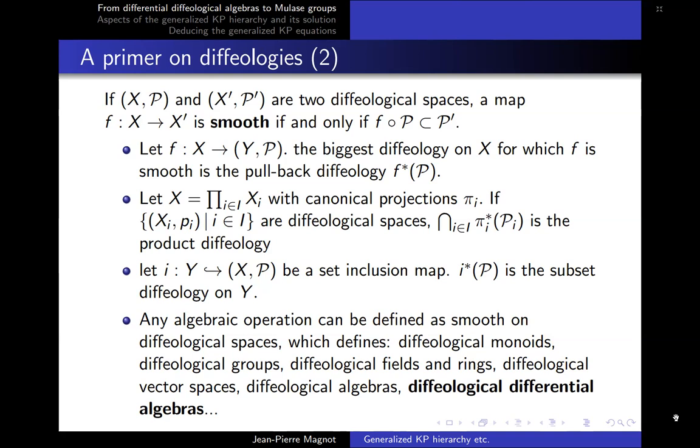So here comes the first example of interest. When we try to consider an infinite product topology, we have problems defining open domains of charts. Here, there is no problem with the differentiation and the smoothness of the maps.